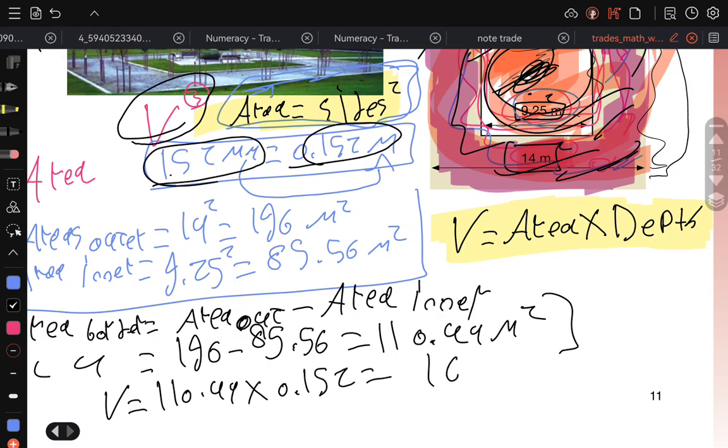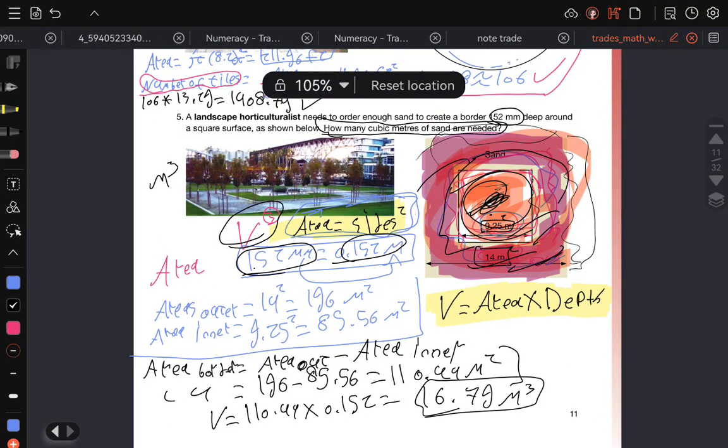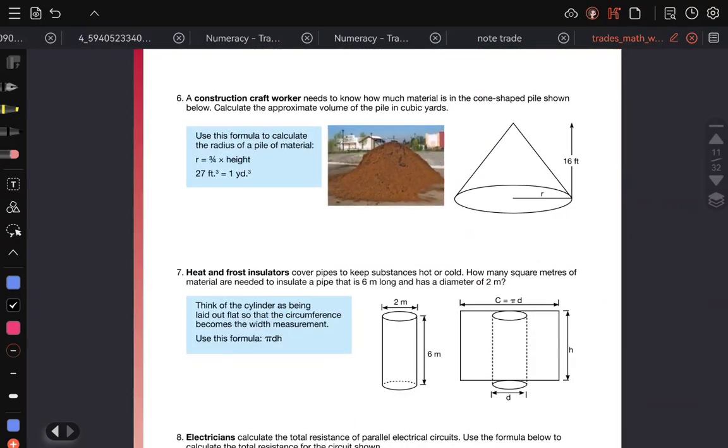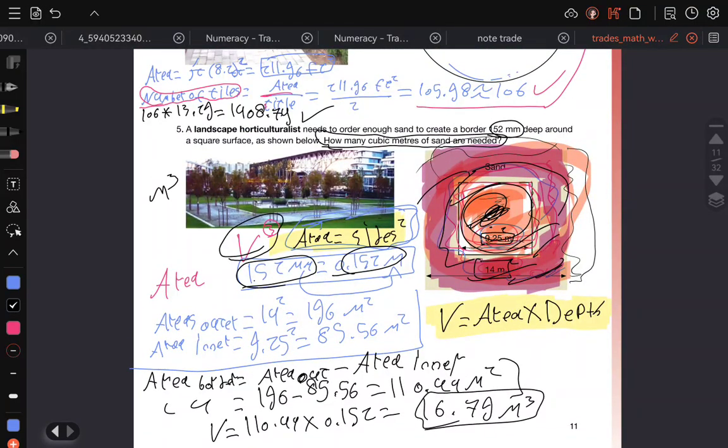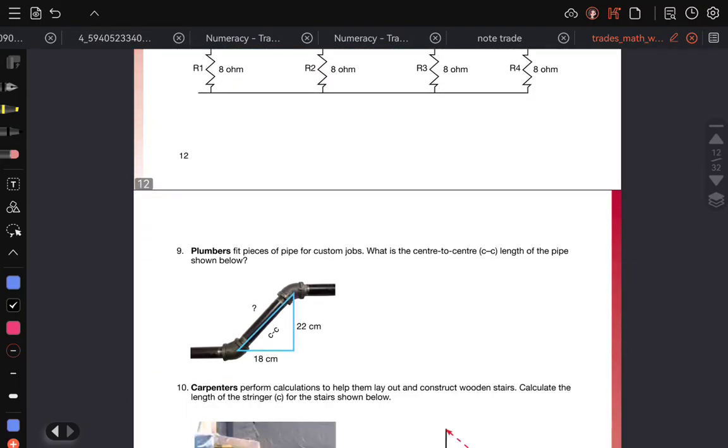It's going to be 16.79, and the unit is the required and needed unit. Let's just continue.